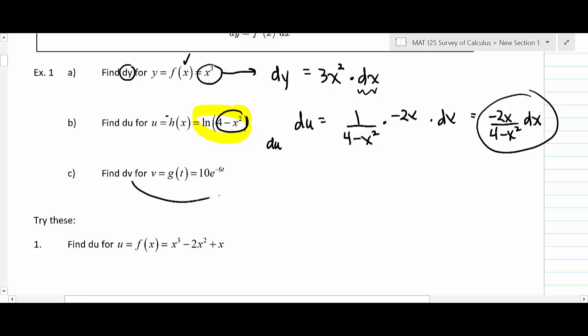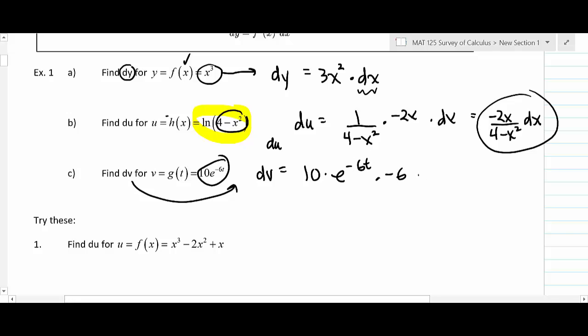The next one we're going to do is dv. All you're doing is the derivative of that. How do you do the derivative of e to the negative 6t? It's itself, and then what? Derivative of the exponent, right? So you're going to have the 10. You want to write the 10 down, and then you have e to the negative 6t. And then what's the derivative of the exponent?